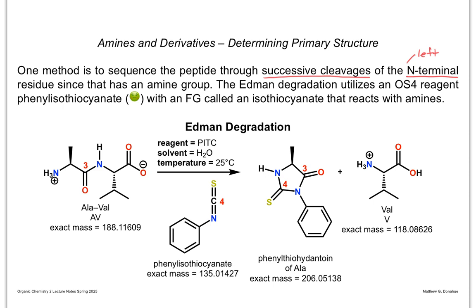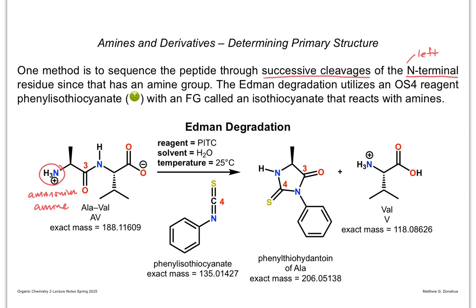The reason for that is because you have this group here that's shown as the ammonium. As you adjust the pH, you can get to the amine group, and basically you run a reaction on that amine.